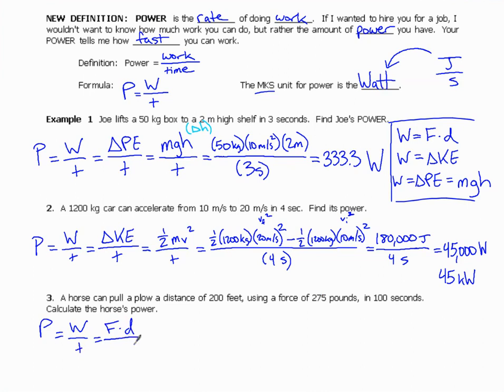So we'll use force times distance, and dividing it by time makes power. 275 pounds. Distance is 200 feet. Time is 100 seconds.